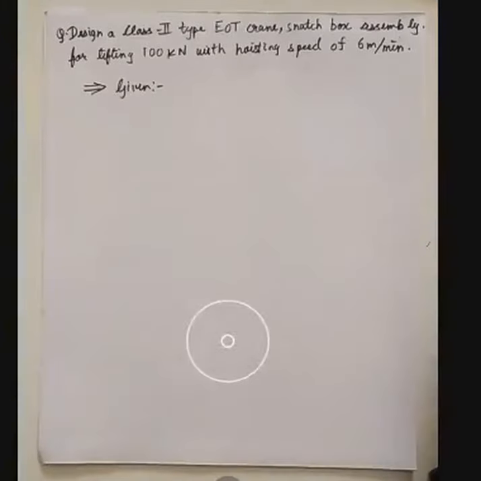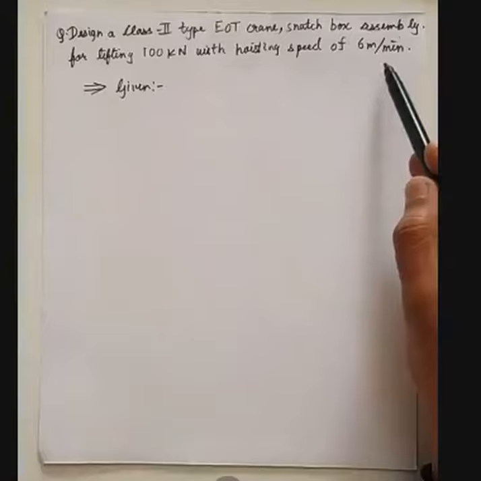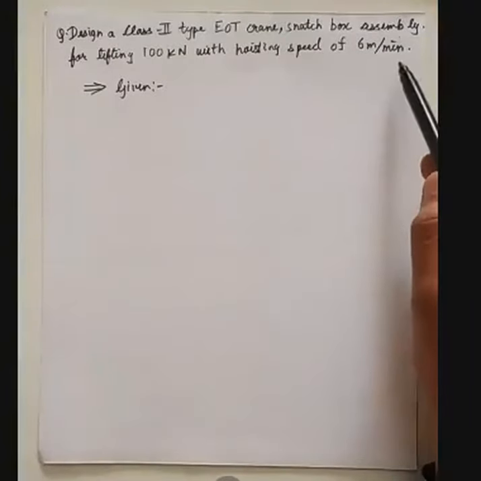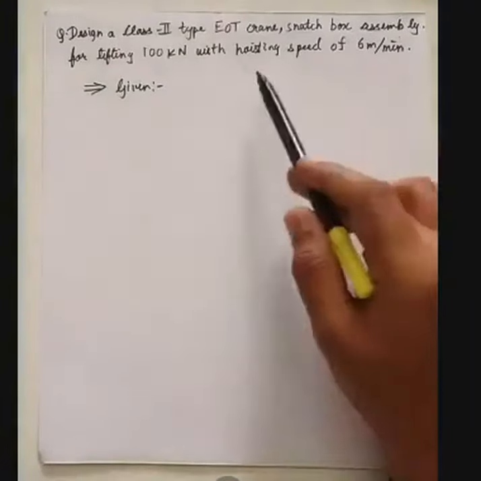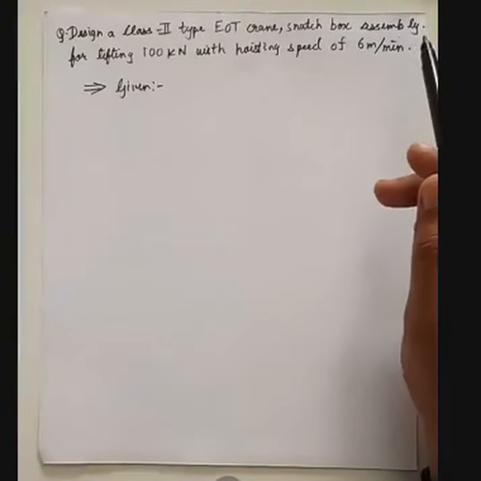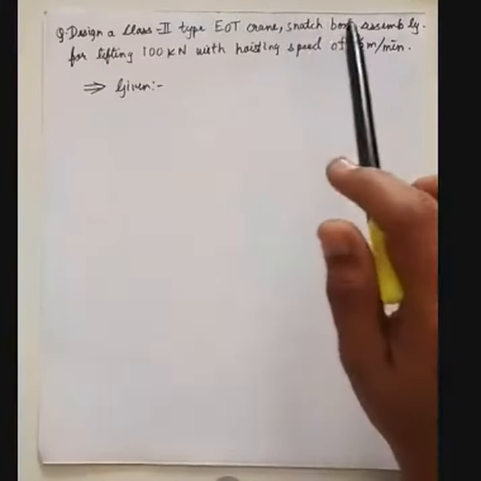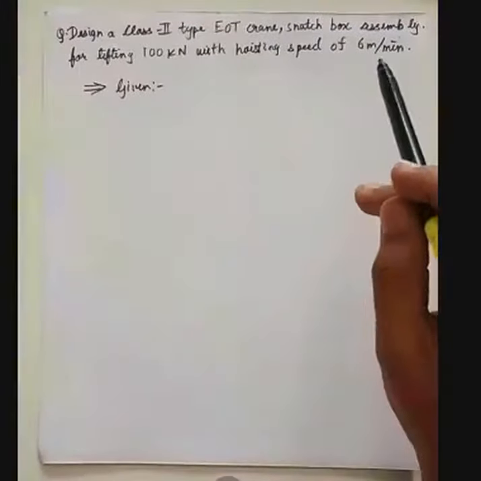For now, it is 100 tons, right? And with a speed of 6 meter per minute. See, in minute, the hoisting speed. What do you mean by hoisting speed? Hoisting speed means the lifting speed. The lifting of this 100 kilonewton load through a hook via a drum and rope is 6 meter per minute.